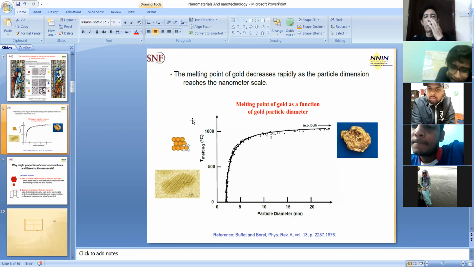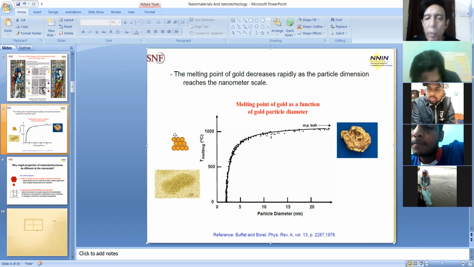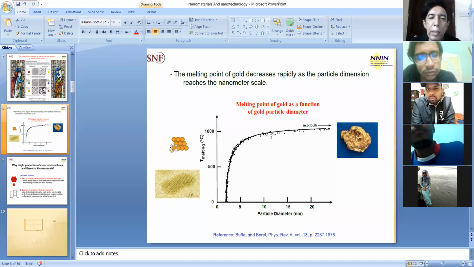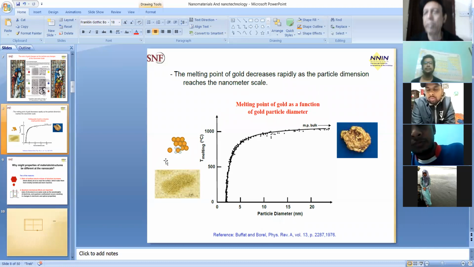The melting point is the temperature, the energy that will make this atom and this atom apart from each other. That is the melting point.